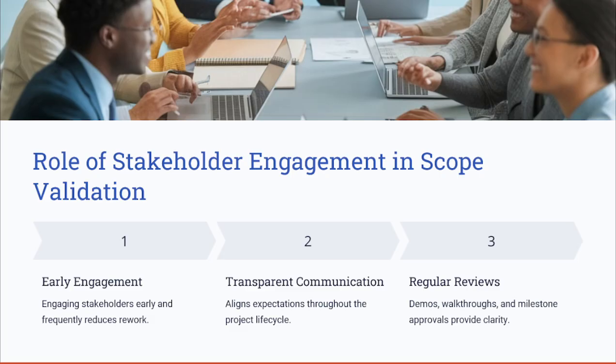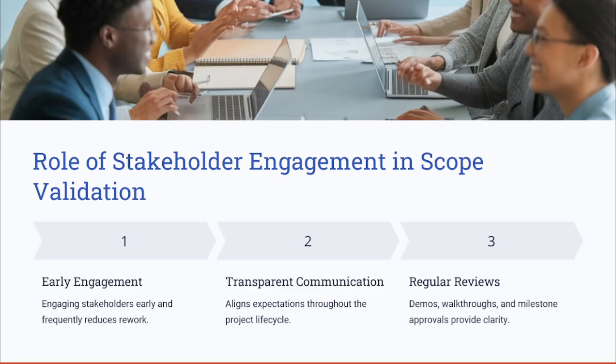So we were talking about the role of stakeholder engagement in scope validation. We took an example of sprint reviews, where the stakeholders provide feedback on completed increments. This helps ensure alignment throughout the project and reduces surprises at the end.